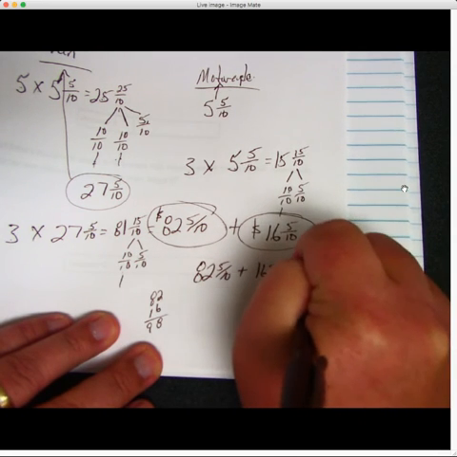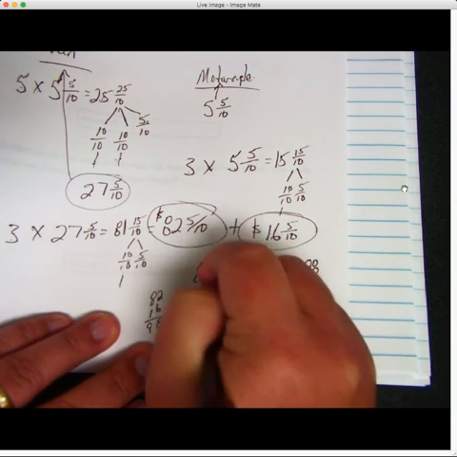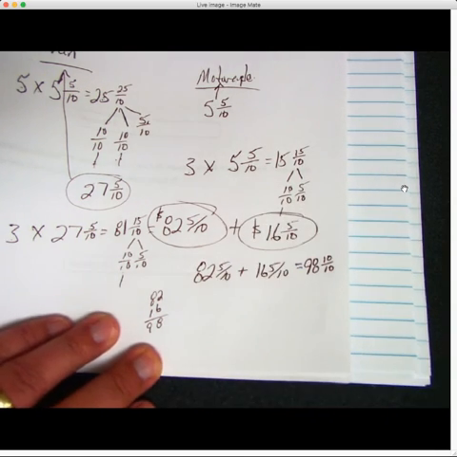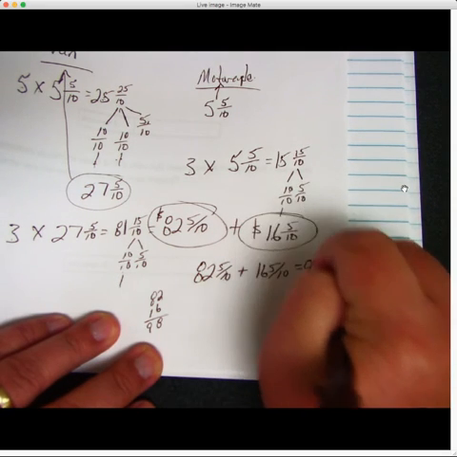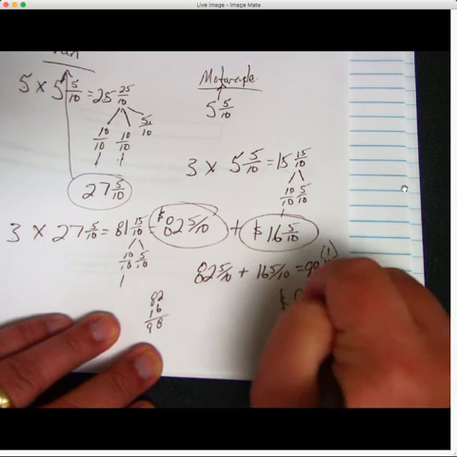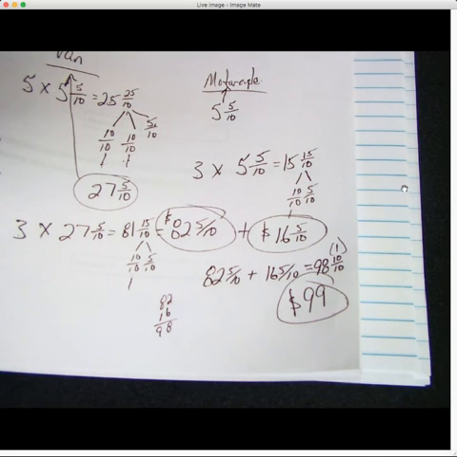So $98. And then we have 5/10 plus 5/10 is 10/10, which is 1. So we have 98 and 1 more. We have 99. It costs $99 to fill up his van and his motorcycle with gasoline.